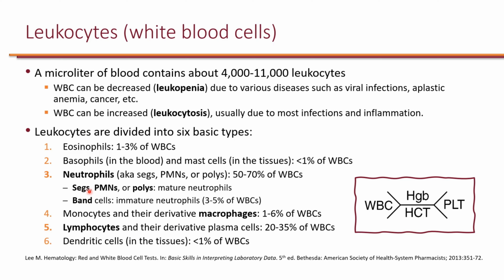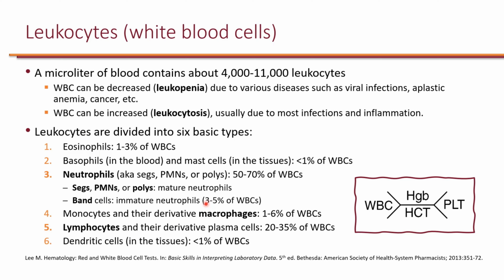Now, during infection, because the body tries to make more neutrophils than usual, you will see an increase in the band or immature neutrophils, and that's typically referred to as bandemia or left shift. So left shift meaning the cells have shifted to the immature side. And so if you see more than 10% of the neutrophils as band cells, that's typically called bandemia.